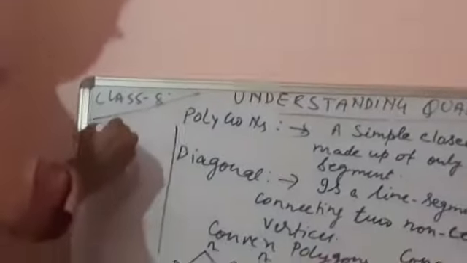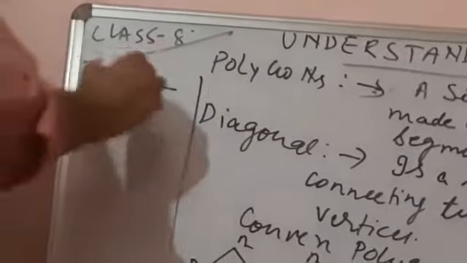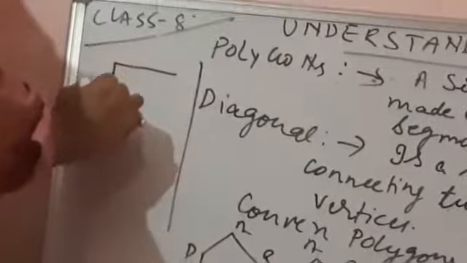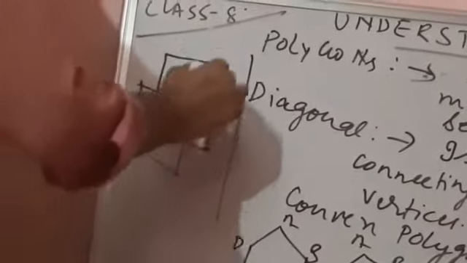Let me give one example here. This is the point, and when it rotates in this way, it gives you a line. When this line rotates, it gives you a plane, and when this plane rotates, it gives you a solid, which is three-dimensional.